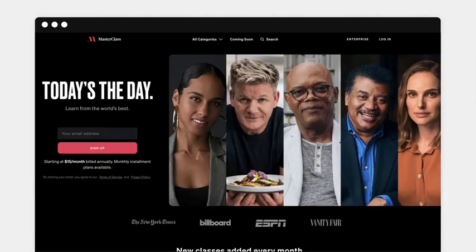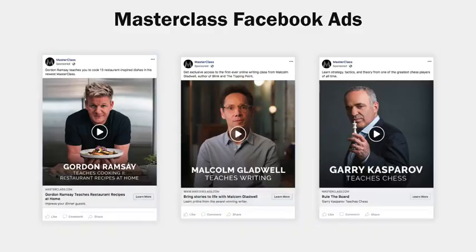So you can see here with Masterclass, which leverages the brands of their teachers and of their celebrities in a paid acquisition loop. Here you can see examples of Facebook ads using the brands of Gordon Ramsay, Malcolm Gladwell, and Garry Kasparov in those Facebook ads.